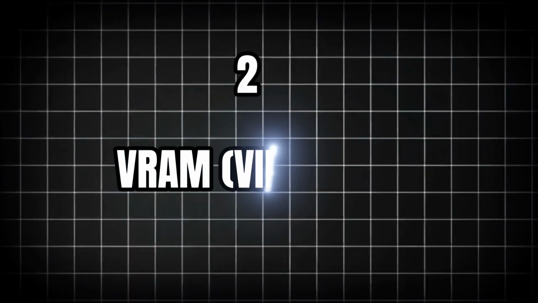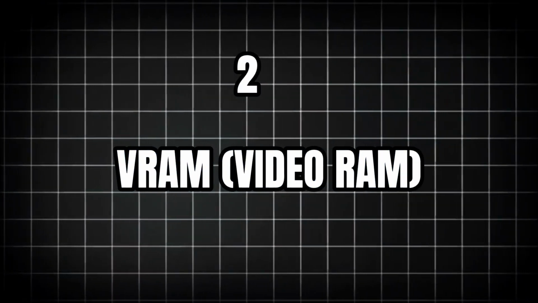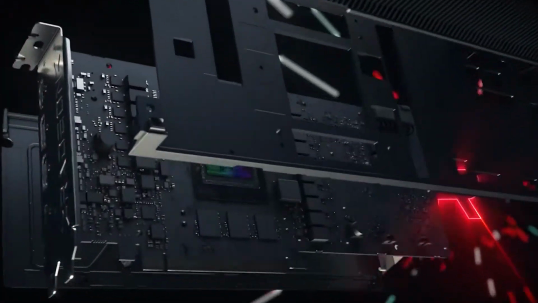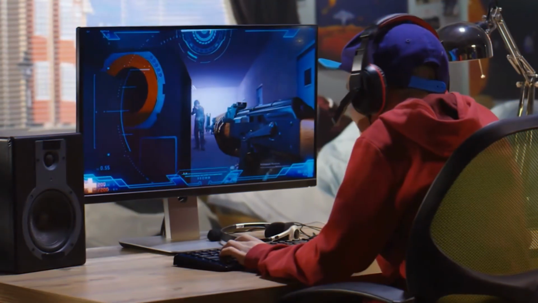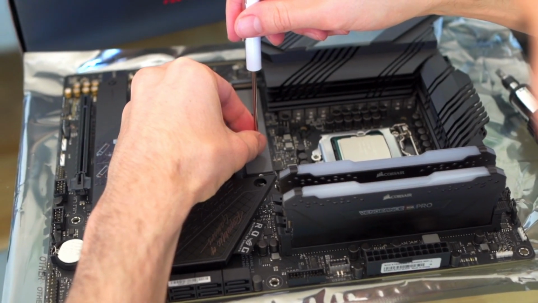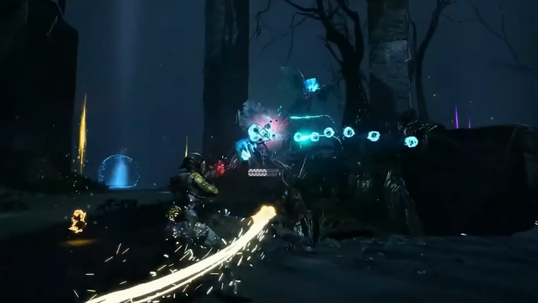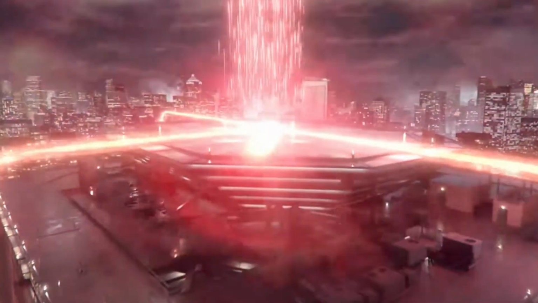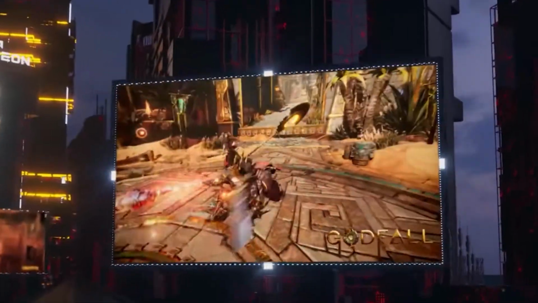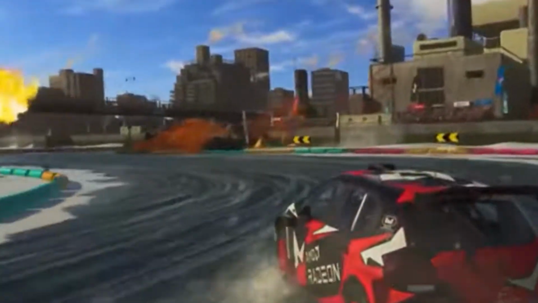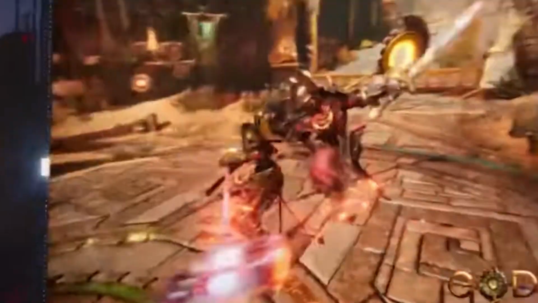2. VRAM, Video RAM. The GPU has its own memory known as VRAM, which stands for Video RAM. Unlike System RAM, which is shared by the CPU, VRAM is dedicated solely to graphics processing tasks. It stores textures, models, frame buffers, and other data required by the GPU to render images.